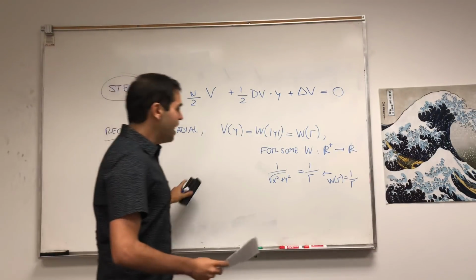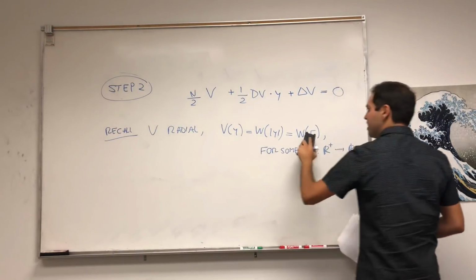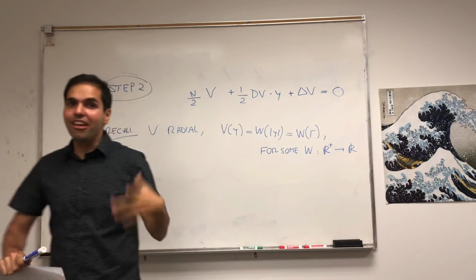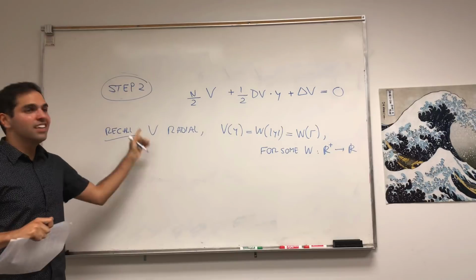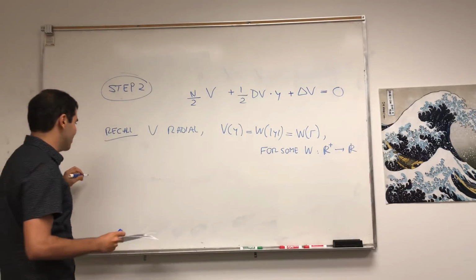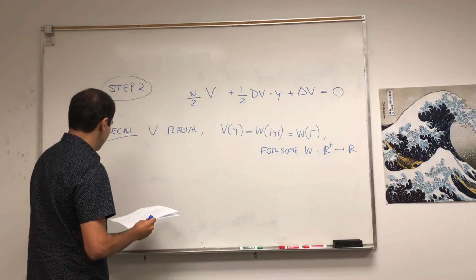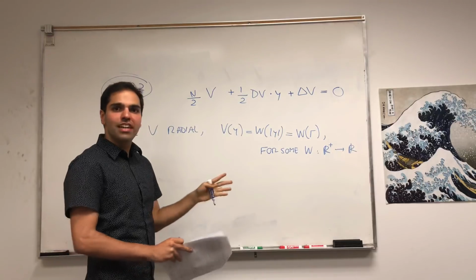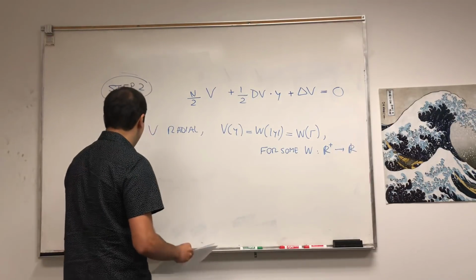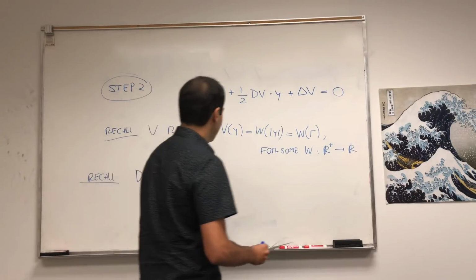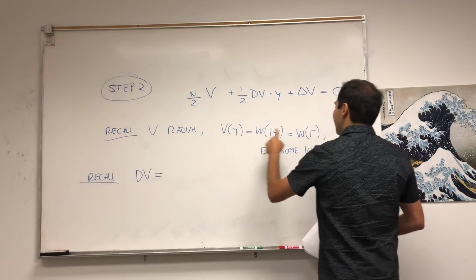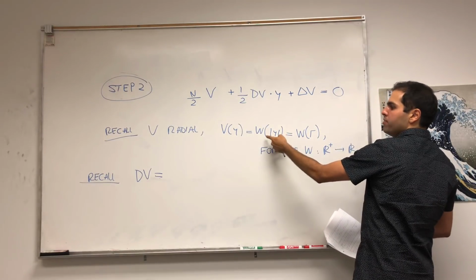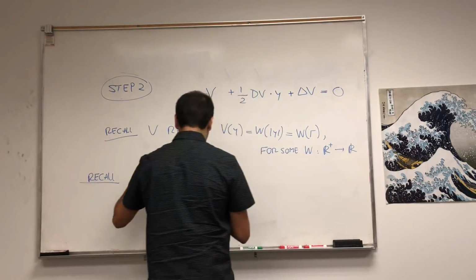Alright, and now what we want to do is plug this expression, this ansatz, into the PDE, but it turns out I've actually done most of the work in another video about Laplace's equation. So let me recall the following. It turns out that if v is a function of the radius, it's actually very easy to calculate the derivatives. Namely, if you use the chain rule, the derivative of v is w prime times the derivative of the absolute value, which is y over absolute value of y.